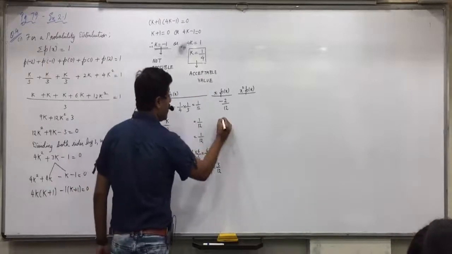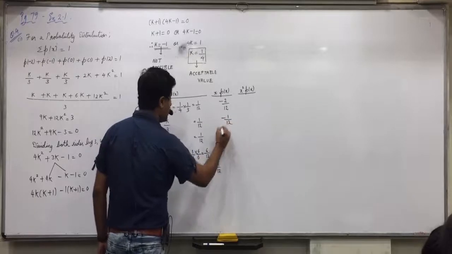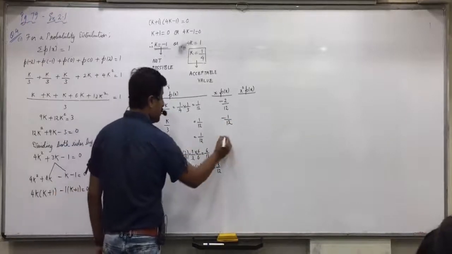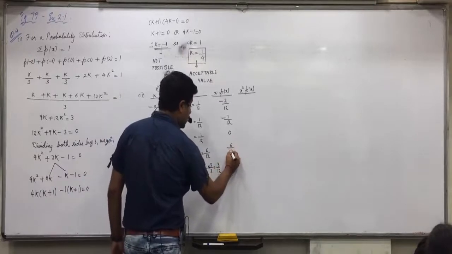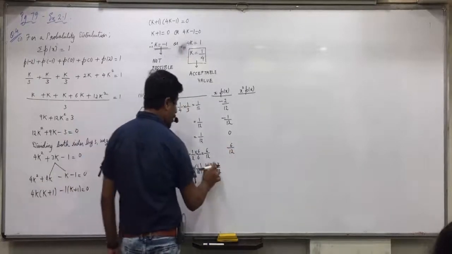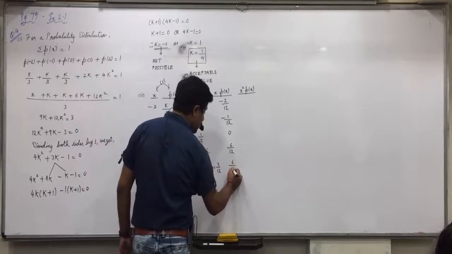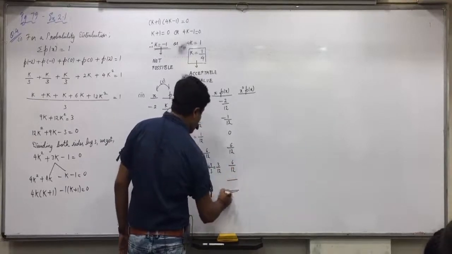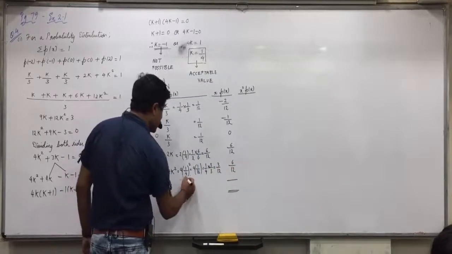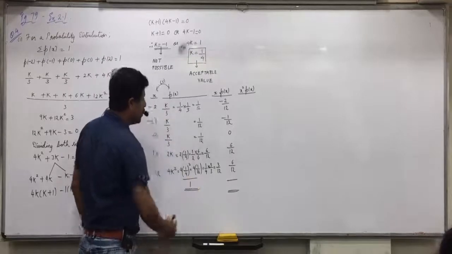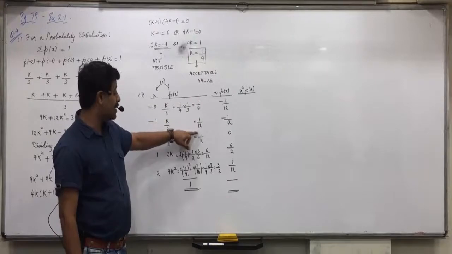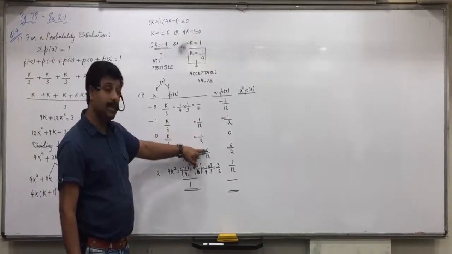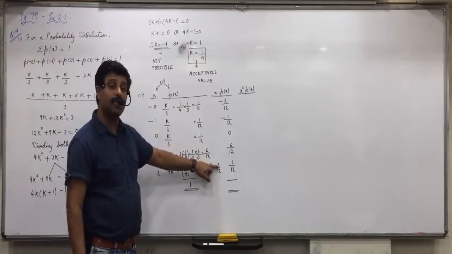Minus 1 into 1 by 12, minus 1 by 12. 0 into 1 by 12, 0. 1 into 6 by 12, 6 by 12. 2 into 3 by 12, 6 by 12. One more thing, if you remember, total of probability must always be 1. See here. 1 plus 1, 2 plus 1, 3 plus 6, 9 plus 3, 12. 12 by 12.